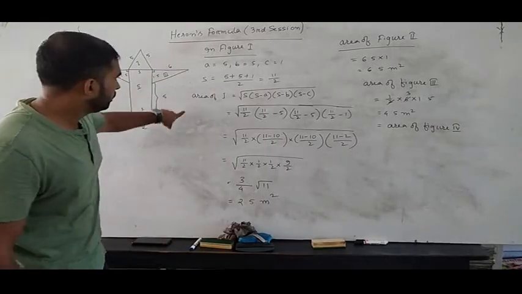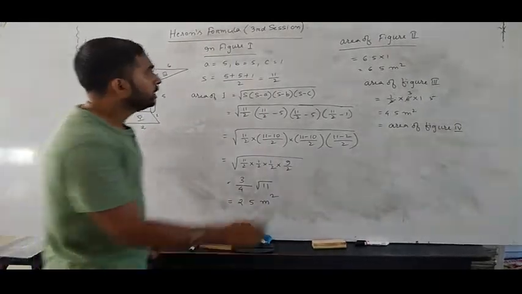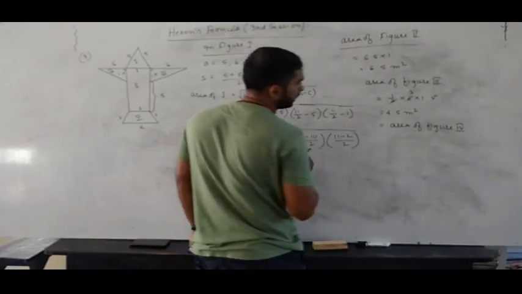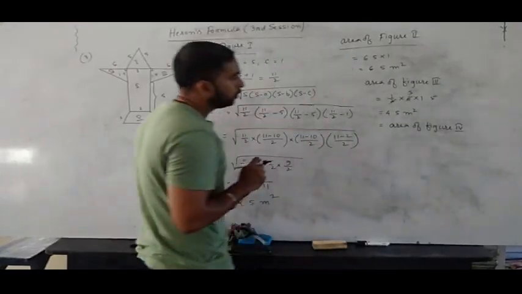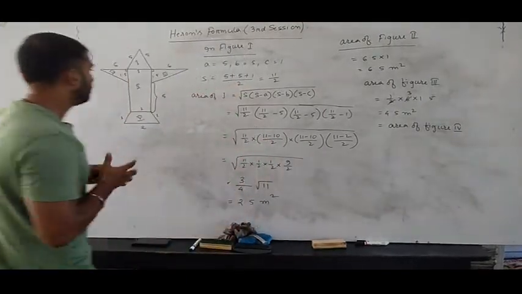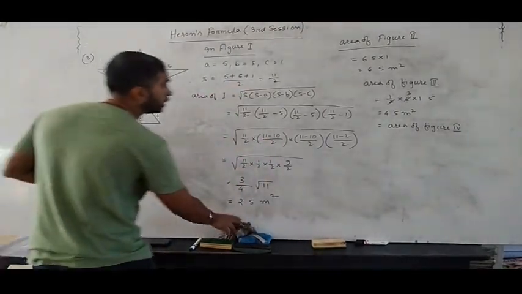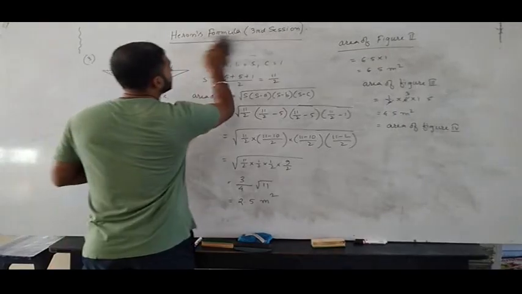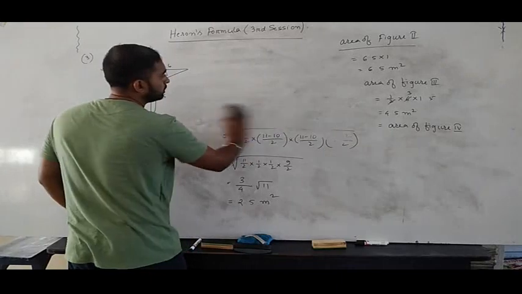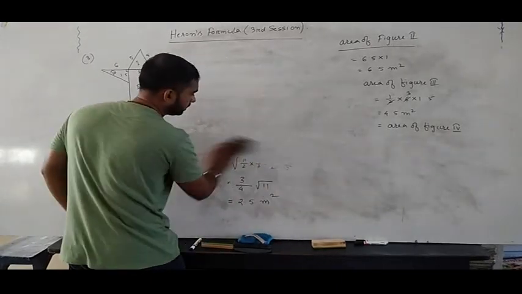So area of figure 1 equal to 2.5, area of figure 2 equal to 6.5, area of figure 3 equal to 4.5, that is the area of figure 4 also. And then at last area of figure 5. For that we have to draw the diagram once again, because it is an isosceles trapezium where height is not given.